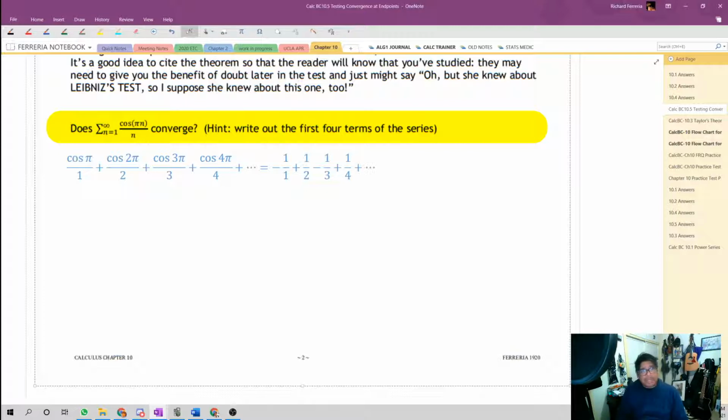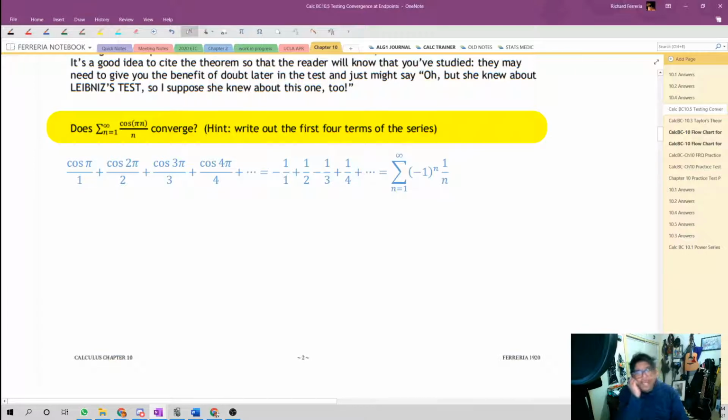The series that this is, well, it's -1 to the n over n. Looking at this, the only thing you really need to make sure is that the first term is negative, so that it alternates correctly. When n equals 1, we've got -1 to the 1 power, which is negative. So yeah, this looks correct. We're going to start with a negative term, -1 over 1, then +1 over 2, then -1 over 3.